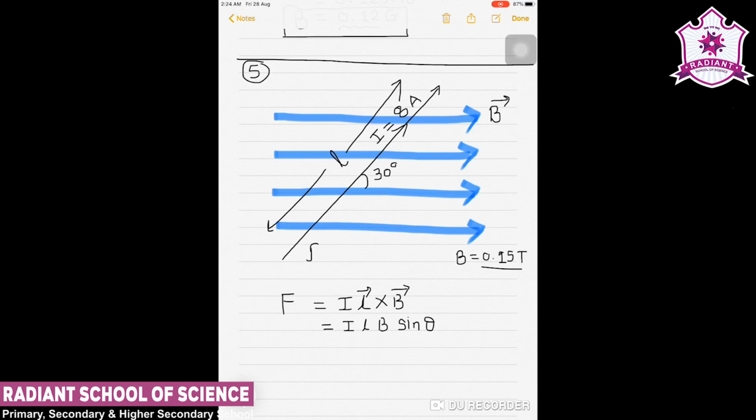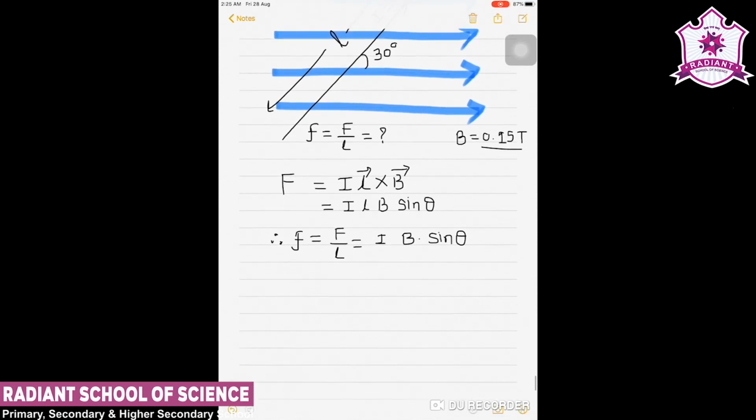So small f equals force upon length, that is called force per unit length. What will remain now is I, B and sine theta.